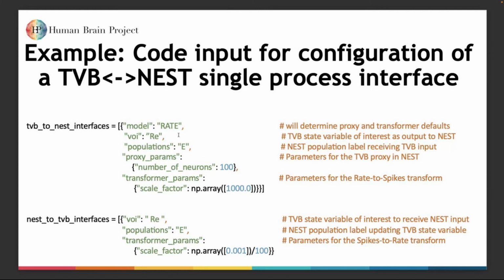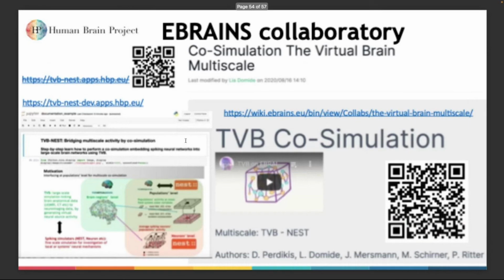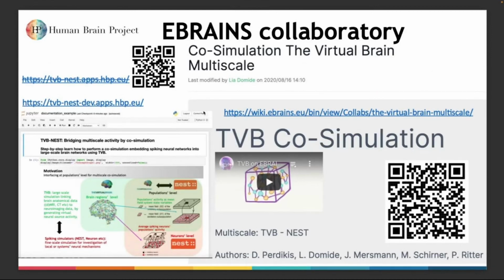And then there are easy ways to choose the kind of interface, a rate or a current, etc., and set some parameters for the different transformations. You're going to see soon an example of that. So you can find the code, you can run the app, as we're going to try to do in a while. And you can find more information about all this in the corresponding collaboratory of eBrains.